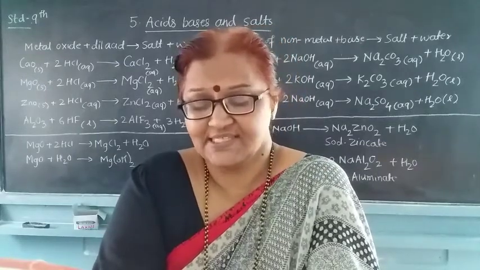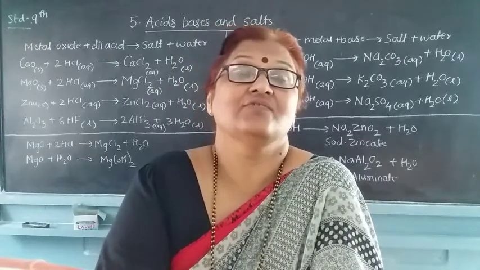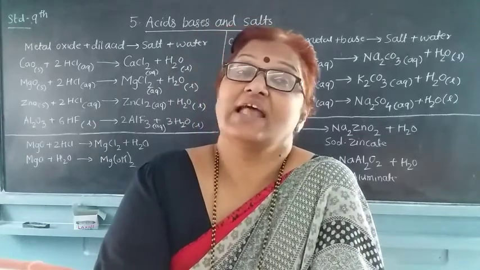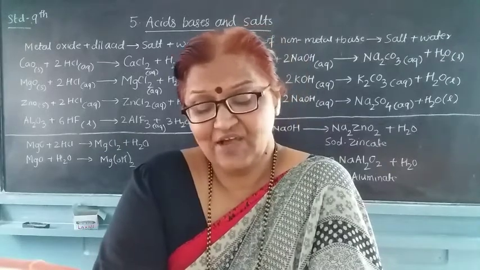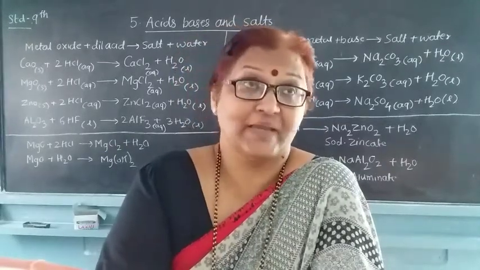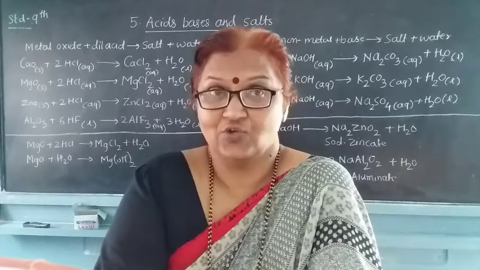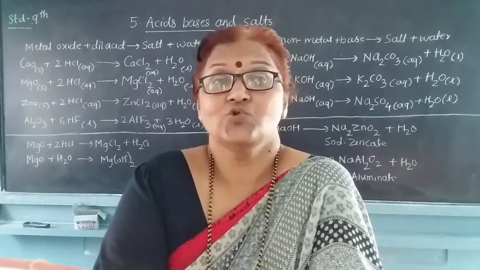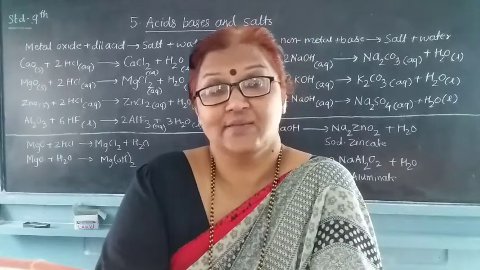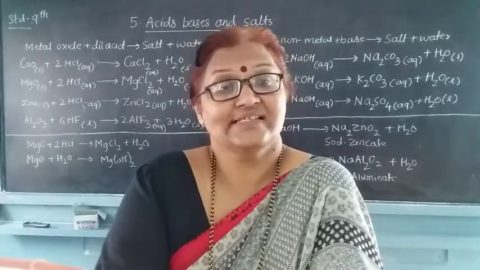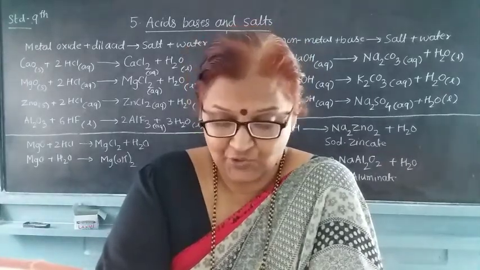Are the values the same for all three? Classify the salts based on the pH value. We know that 0 to 7 is acidic, 7 to 14 is basic, and 7 itself is neutral.